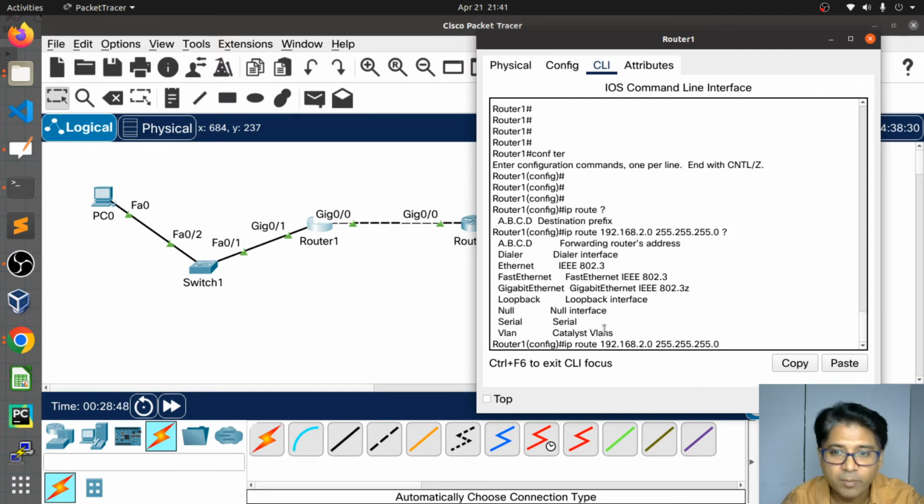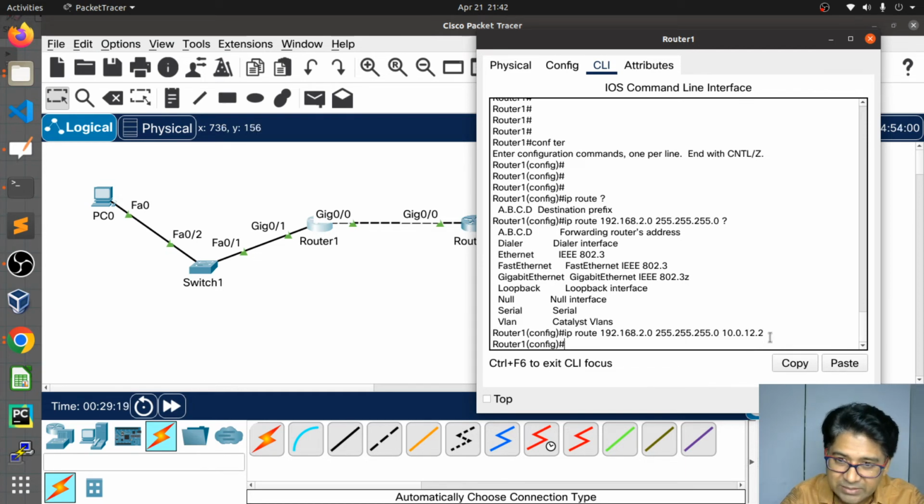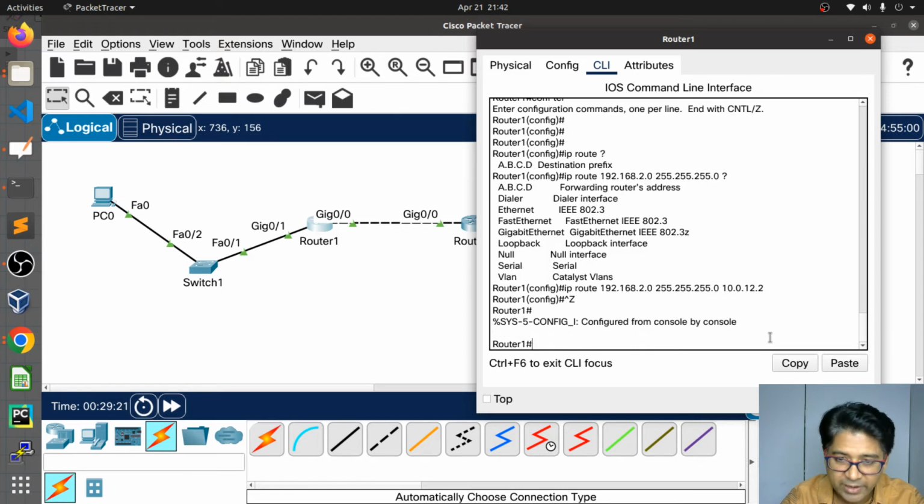Now you type a question mark. It asks how to reach this subnet, who is the next hop. So I will give 10.0.12.2, the IP connected to router 2. Enter this, and now you check.